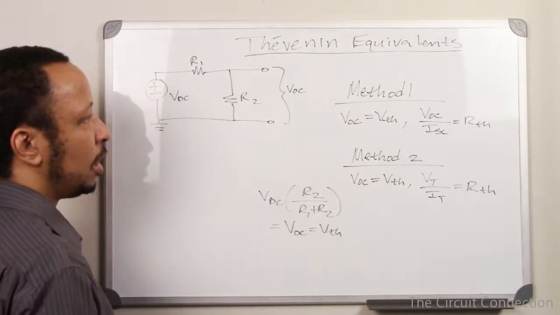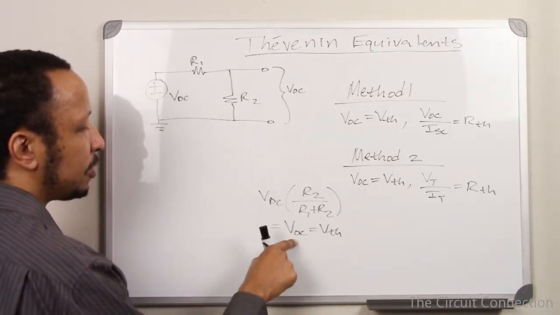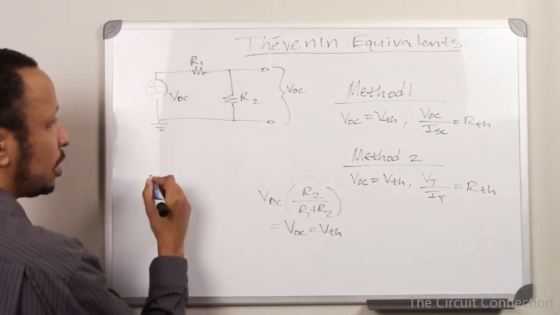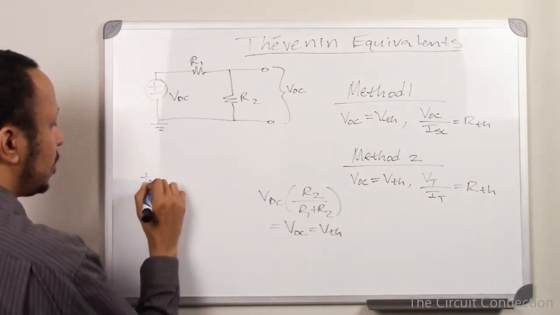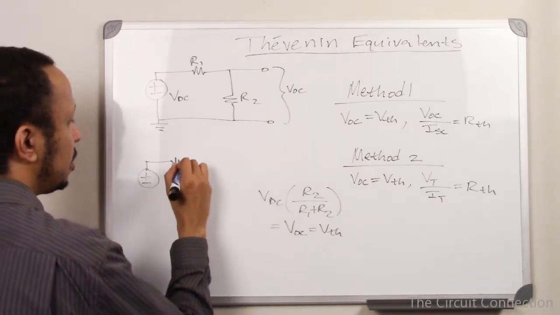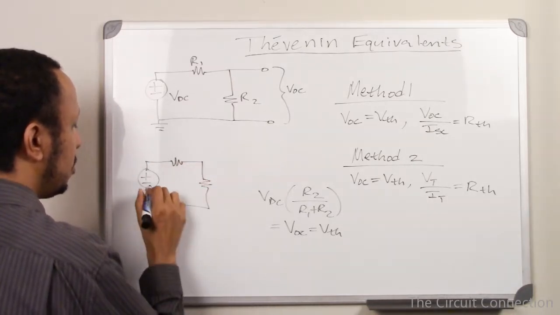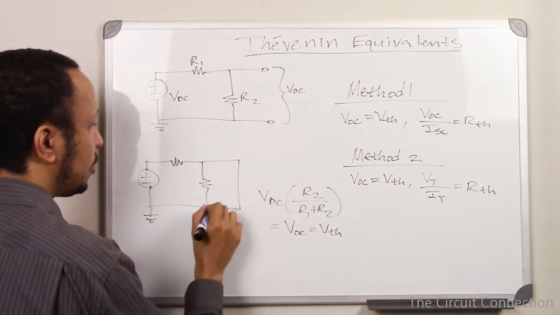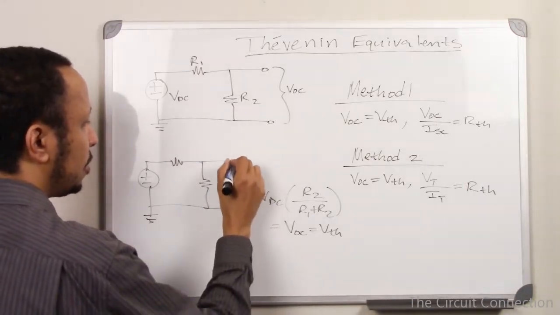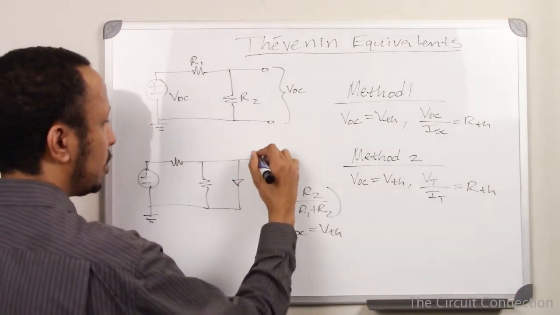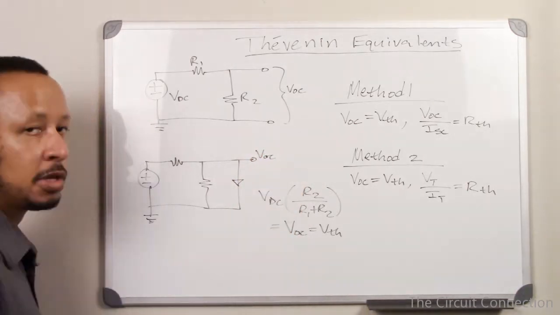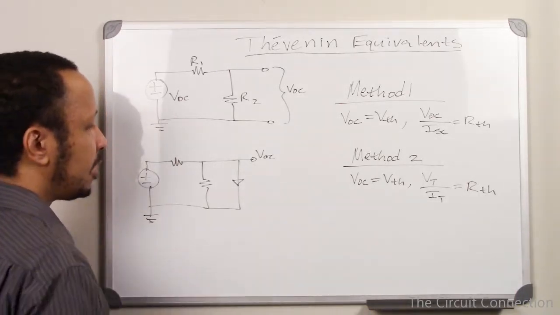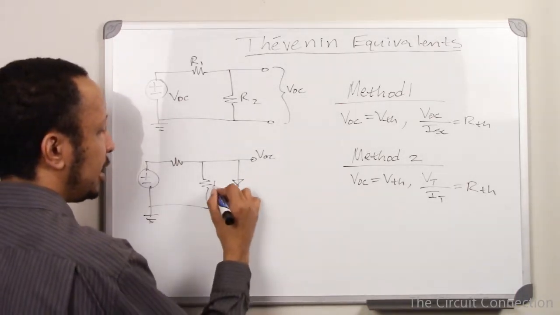Next we're going to take that open circuit voltage and divide it by a short circuit current. So what does that mean? We'll have the very same circuit, and we are going to short it where you would normally have your VOC, at that same location.